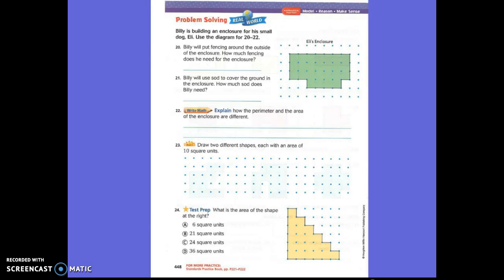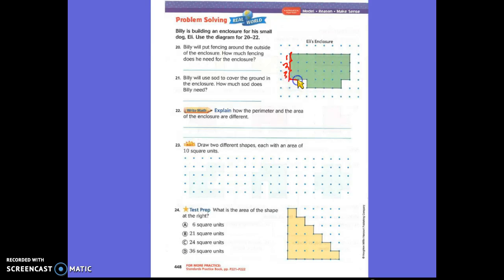Now this goes back to the very first lesson you learned in chapter 11. Perimeter on the outside. When you go from line to line. From this line to this line, that is 1. This line to this line is 2. This line to this line is 3.